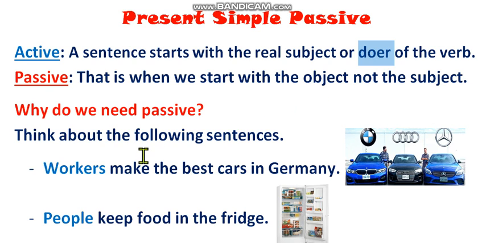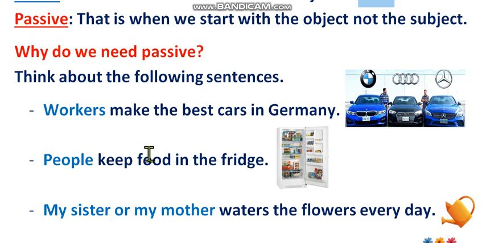Well, think about the following sentences. Workers make the best cars in Germany. Why would I talk about workers? Why do I need to start with the workers? I'm interested in the cars that are made in Germany. So that's my interest.